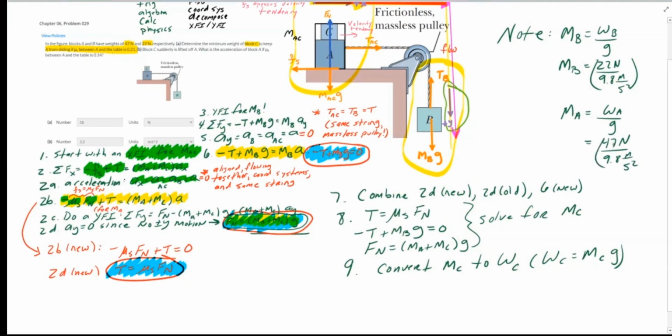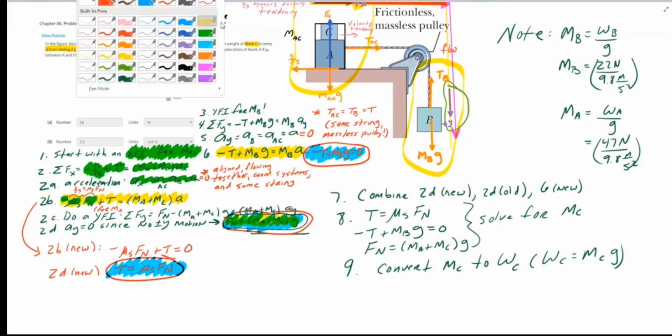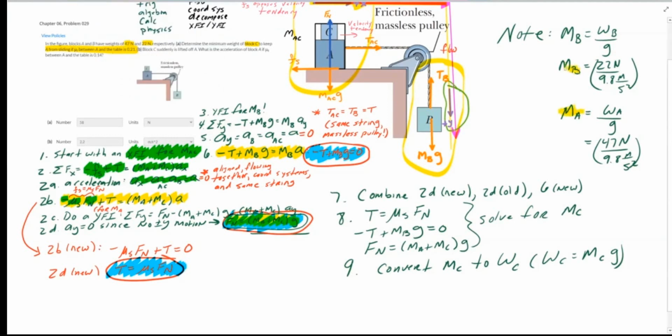This is my result for mass A and mass B, which I will need.